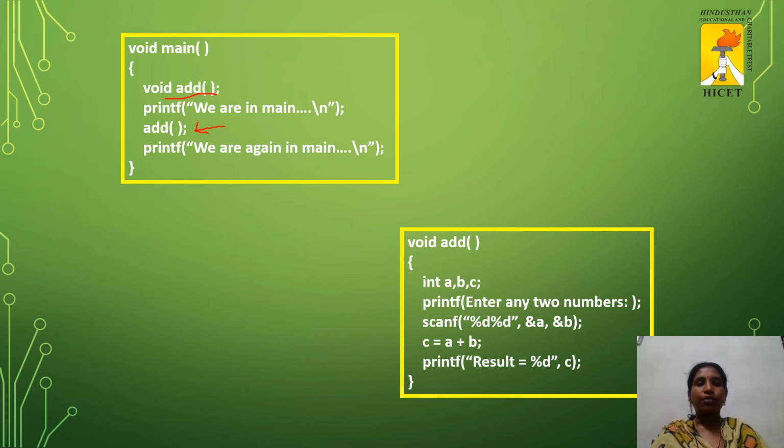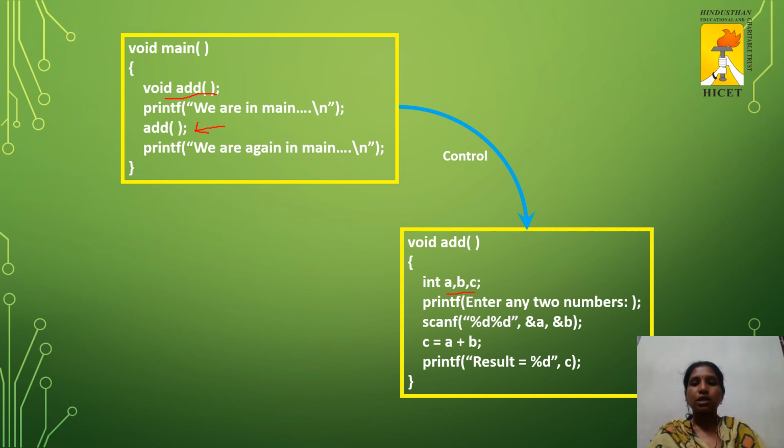Once the function call line is executed, the control will go to the function definition part. In function definition, I have declared three variables A, B, C. Then I am getting user values using scanf statement for A and B. Then adding A and B, I am printing the result here.